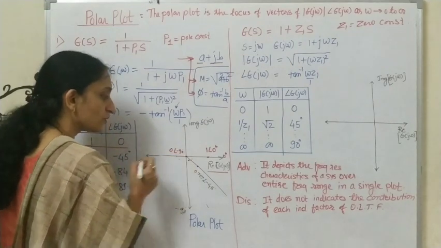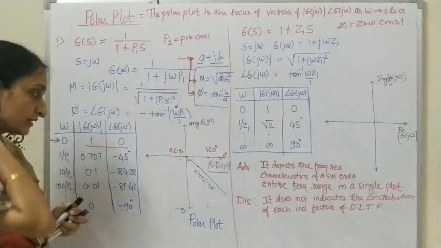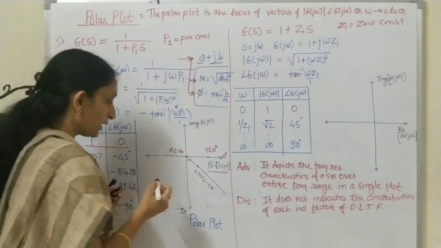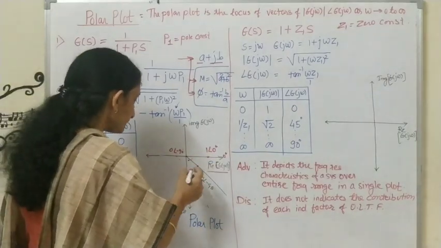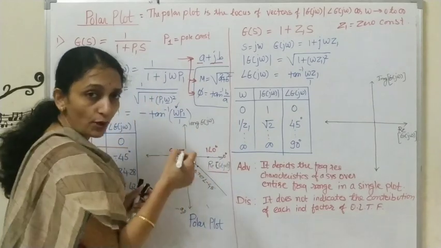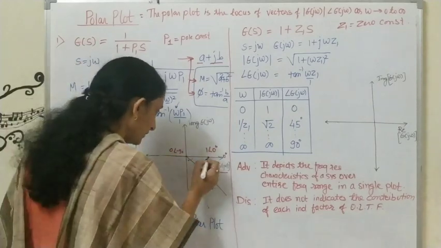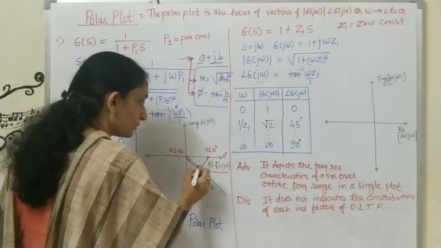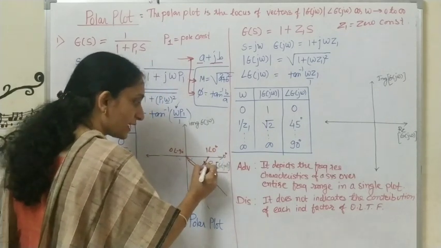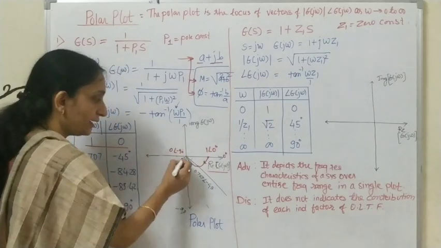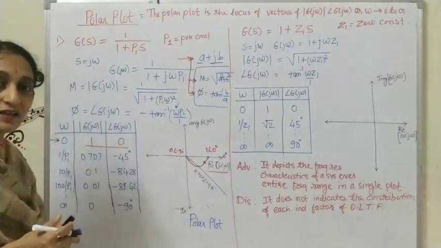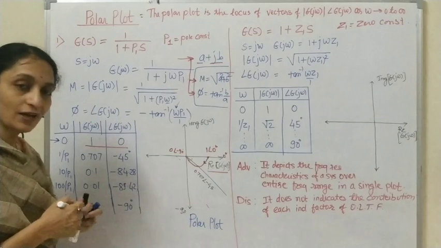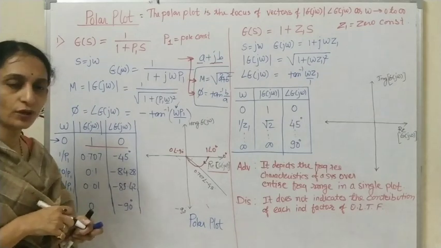Now I will just join all the points. See how I am getting the polar plot. So this is my polar plot. Starting point is 1 at an angle of 0 and end point is 0 at an angle of minus 90 degree. I hope you got the concept of drawing polar plot.